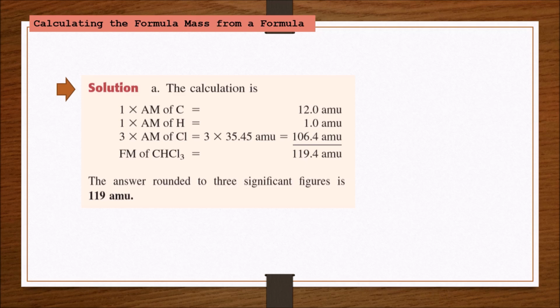Then you sum all of that and you'll have 119.4 AMU. However, it was determined that we should round it to at least three significant figures. So you will have a final answer of 119 AMU.